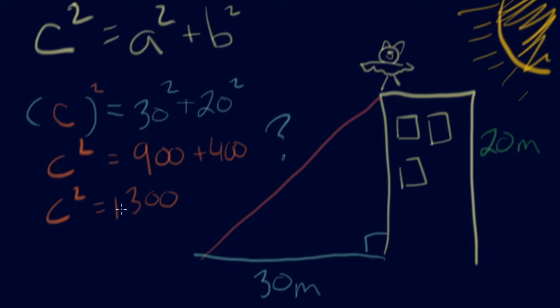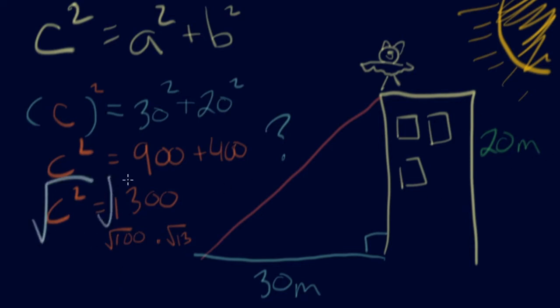Then I need to take the square root. So I take the square root of 1300, and hopefully you're thinking of what numbers multiply to give you 1300. I think that would be 13 and 100. So the square root of 100 times the square root of 13 gives you 1300, because I'm going to take the square root of both of those.